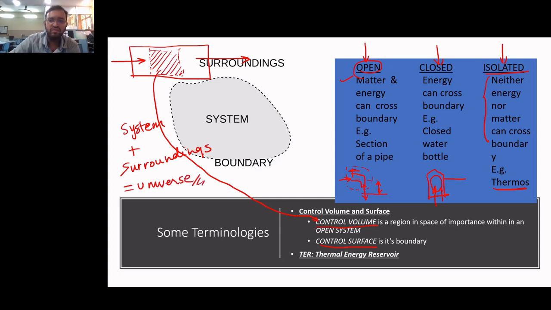Then we have defined different types of systems such as the open system, closed system, and isolated system. Then within the open system, we have talked about the control volume and the control surface.